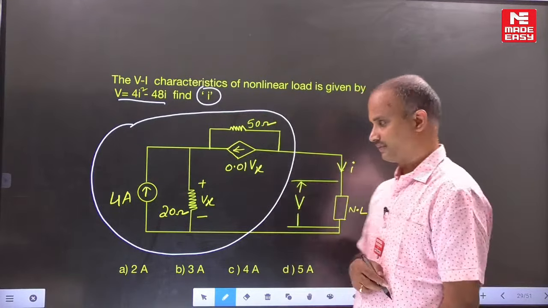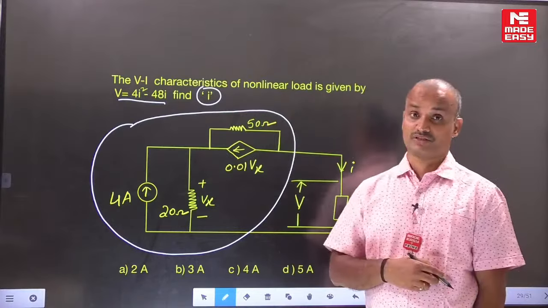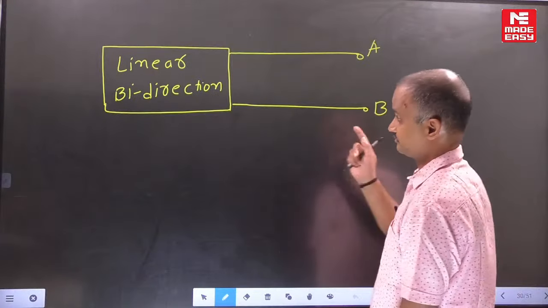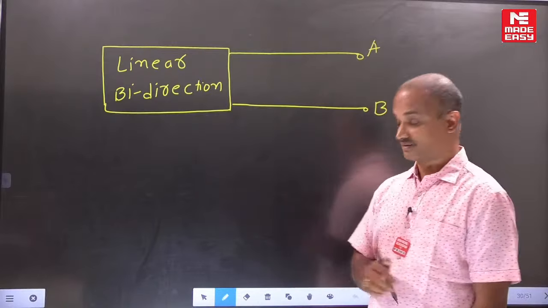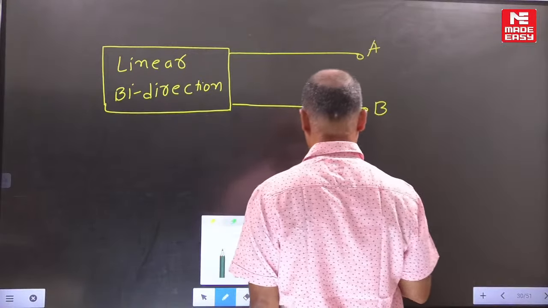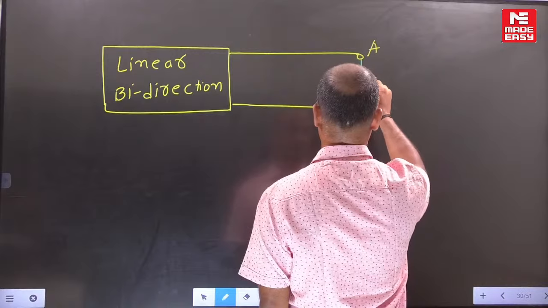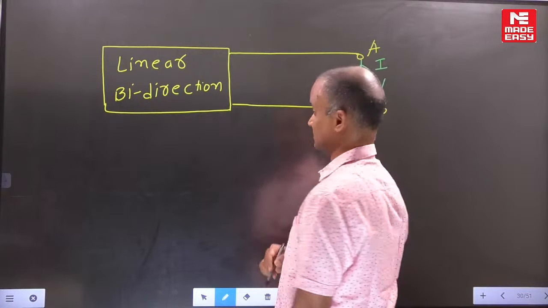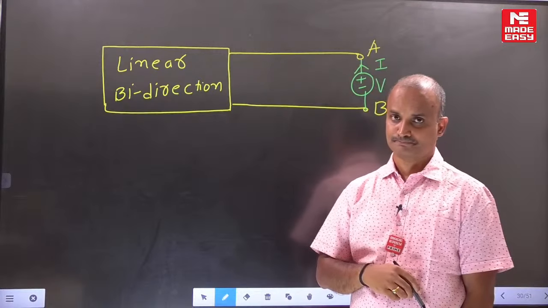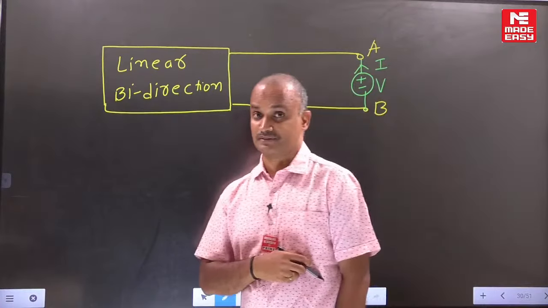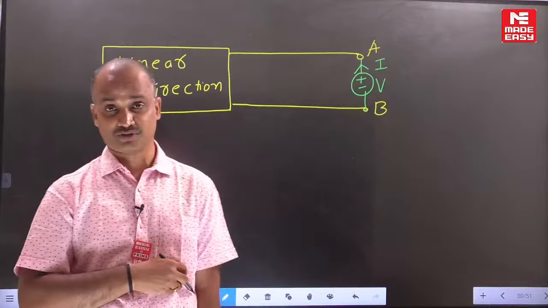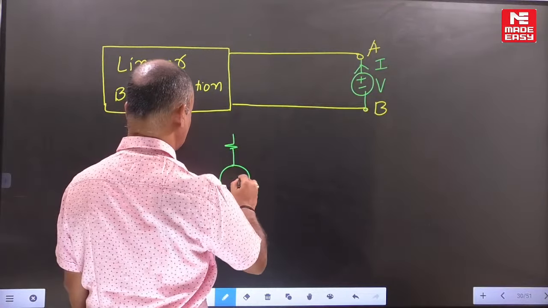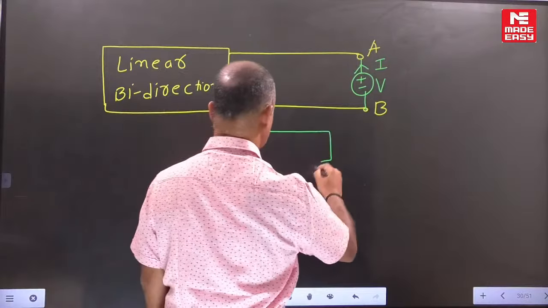For this complex network, assume one voltage source delivering a current I. This entire complex network is replaced by Thevenin's equivalent circuit.